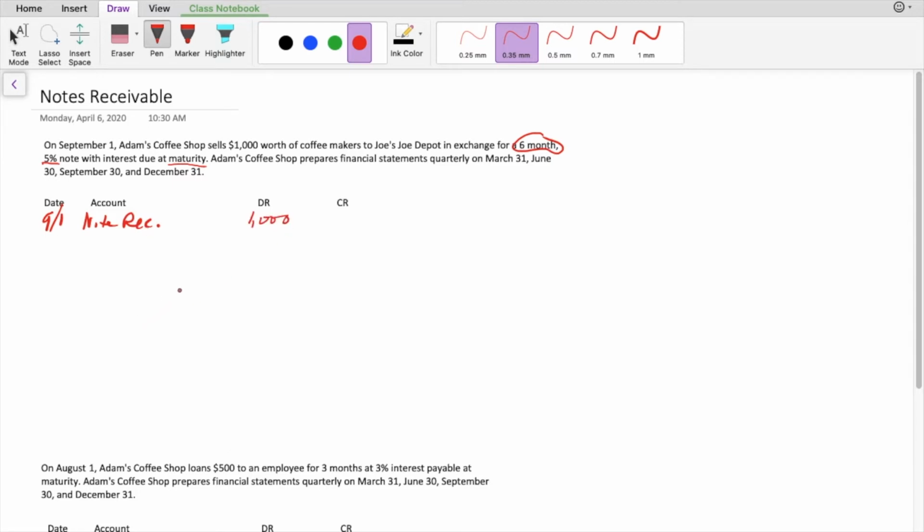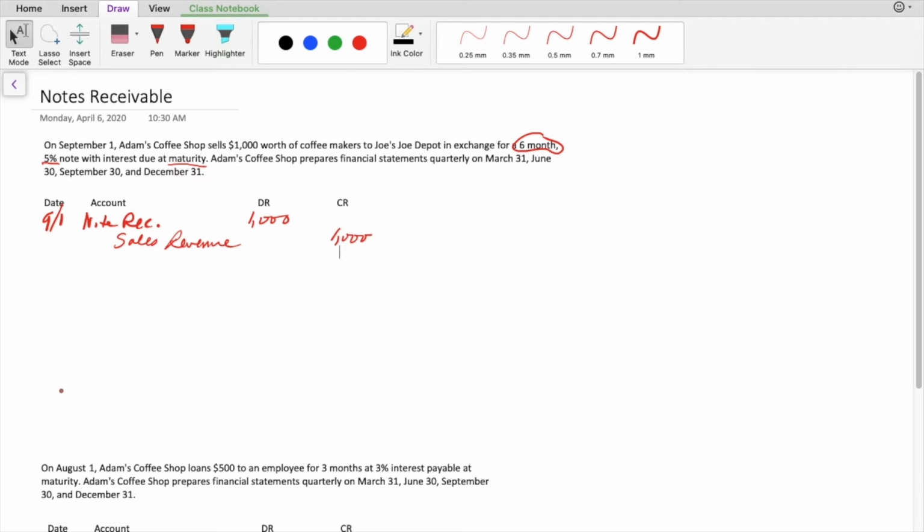That is how much the coffee makers that we are selling are worth. And so we have notes receivable and sales revenue, $1,000. Now we'd also want to put in the cost of goods sold and the inventory if we were doing a perpetual system, but I don't have information for that in this example, so it's okay, we skip that part.